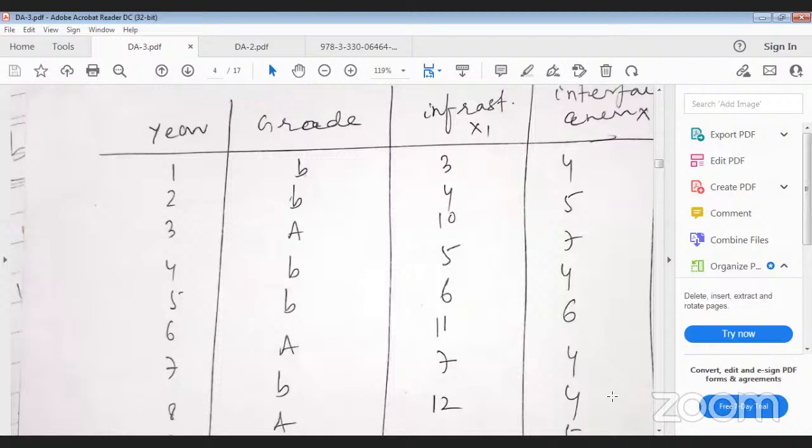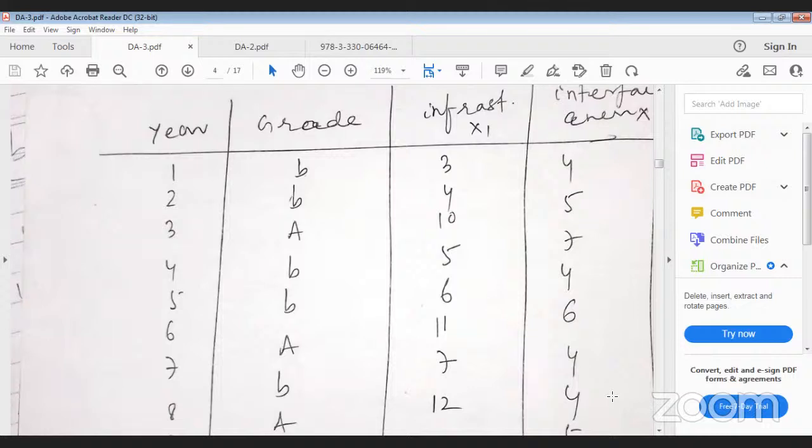Now after giving the previous years' data, how do we predict further? Suppose I am the leader, the director of the inspection team. I have to collect the information. If these are the data for 12 years, then whenever I visit any school, I ask what is your yearly infrastructure spending and interface event spending per year, then I can grade easily.